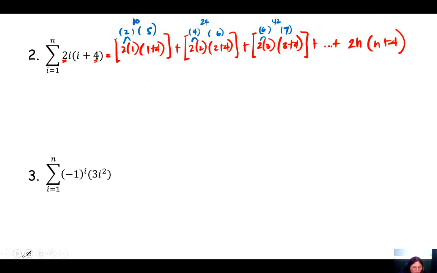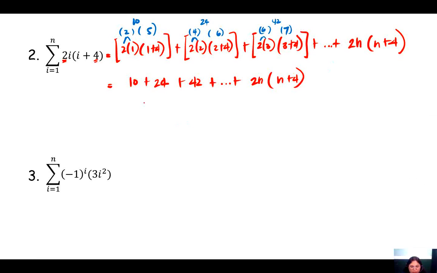Let's change the color into red. So we have 10 plus 24 plus 42 plus ellipsis plus 2n times (n plus 4).